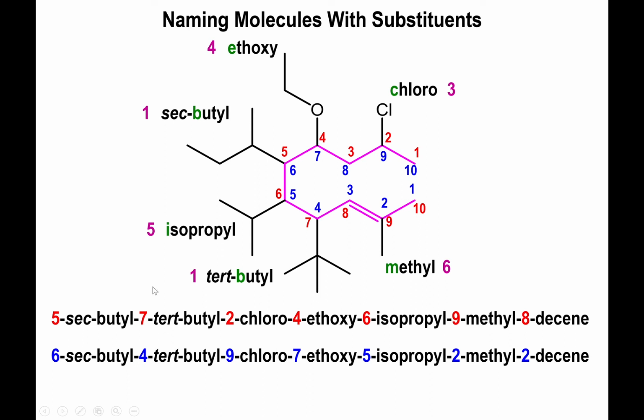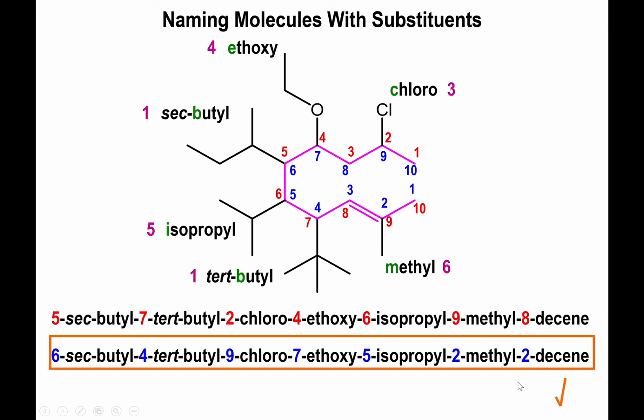So things have changed. Now, in order to determine which one of these two names is correct, you need to pay attention to the highest priority functional group, not substituent, but the functional group. And the functional group here is the alkene. So you want to make sure the alkene has the lowest value. So between 8 and 2, 2 is the proper number. So we select that as the proper name and the proper number scheme for this molecule.